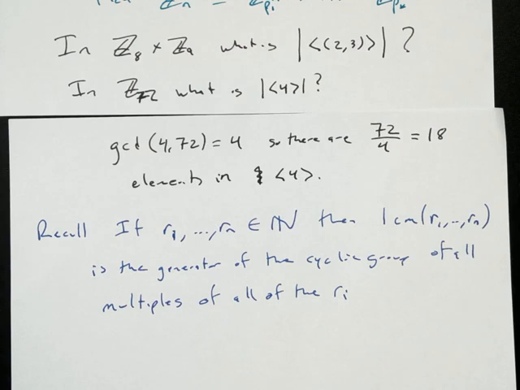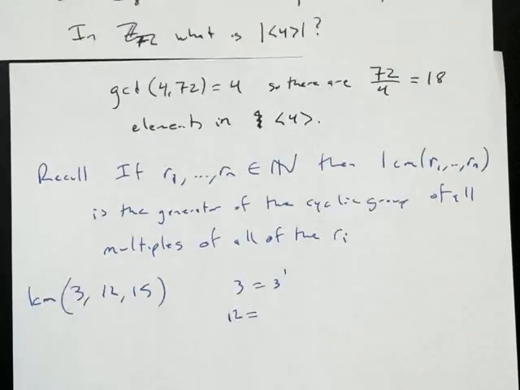So here are three numbers: 3, 12, and 15. Let's find the least common multiple of those. Well, 3 is just 3 to the 1. 12 is 2 squared times 3, its prime factorization. 15 is 3 times 5.